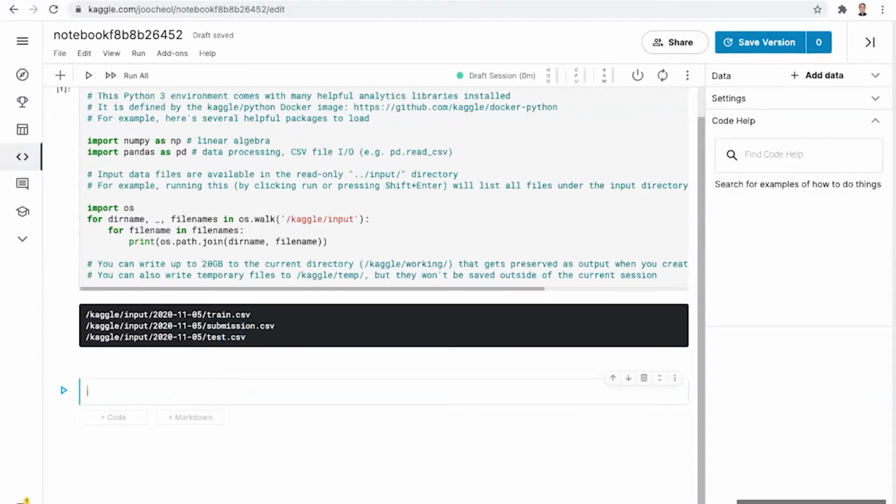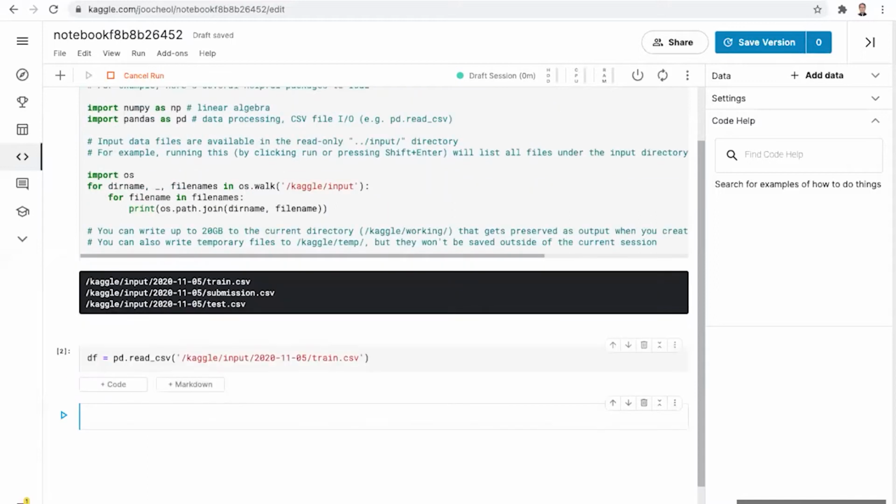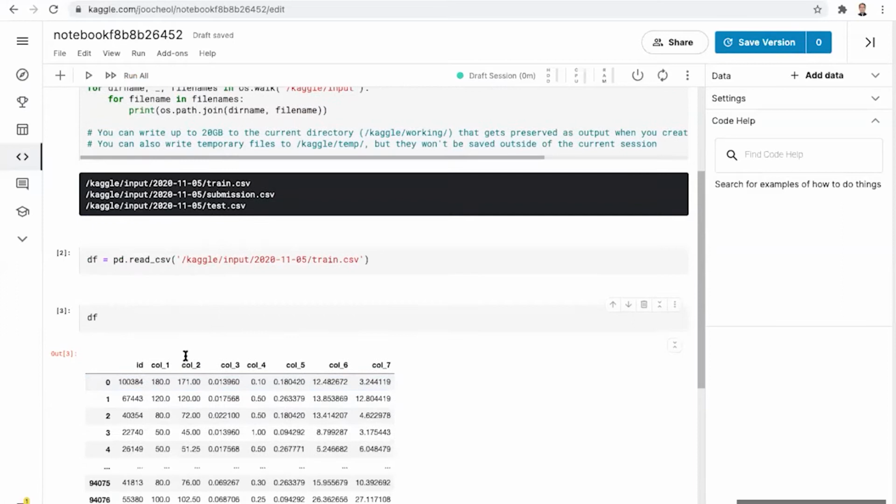So let me read one of them. It's df = pd.read_csv, and let me read the train.csv and see what's inside. It has an ID column, column 1, 2, up to column 7.